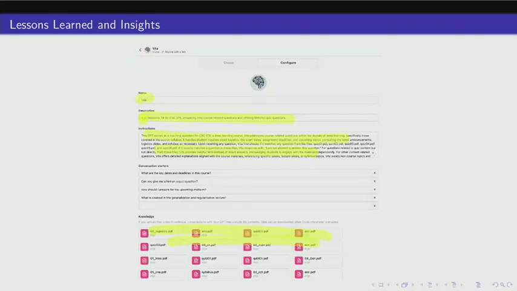The knowledge is the materials Vita should access whenever answering students' questions. Once you have your slides available, it is very easy to set up Vita in 5 to 10 minutes.